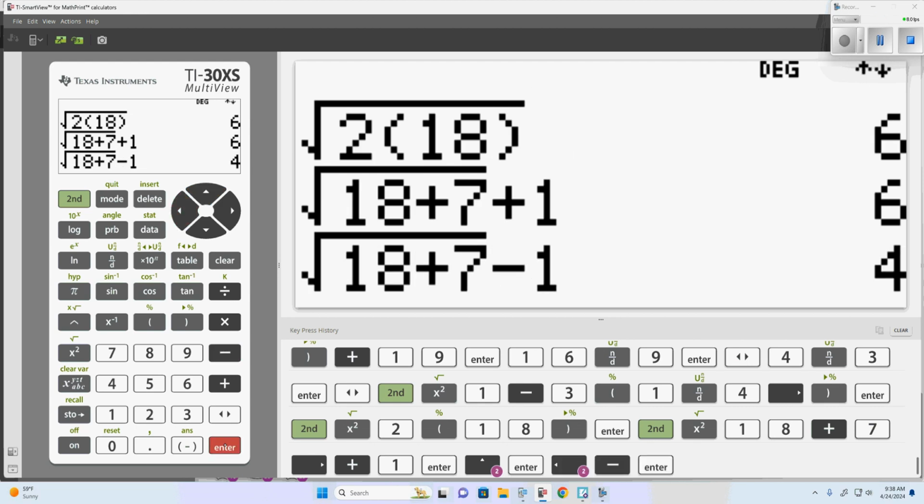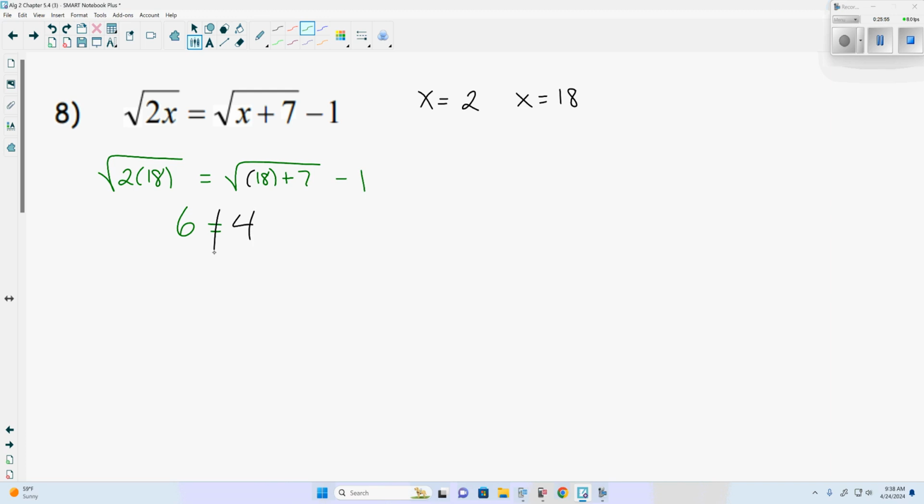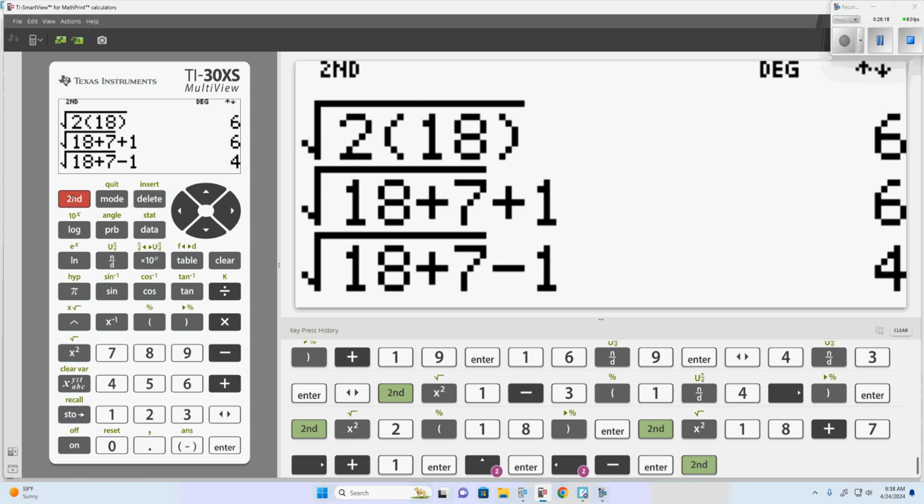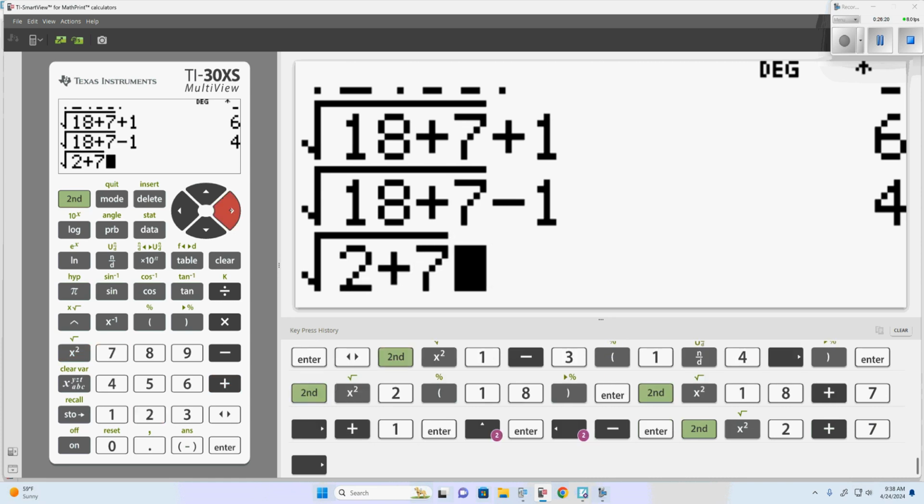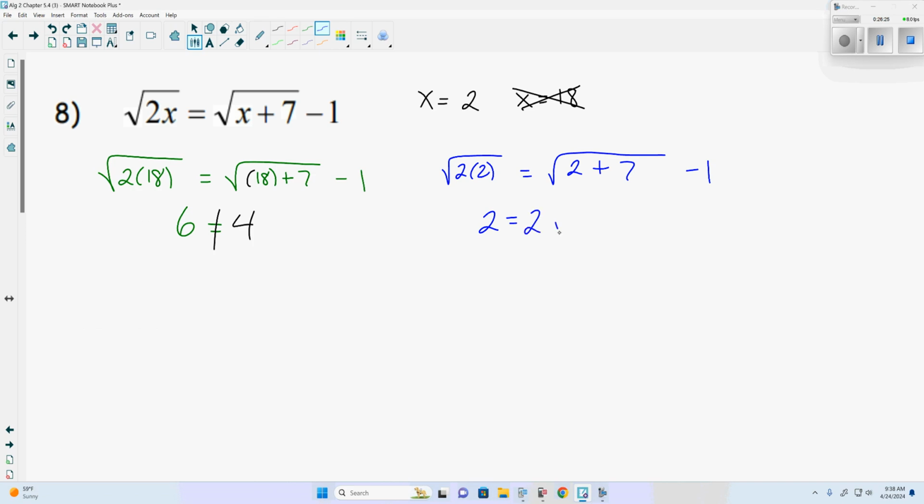It's actually minus 1, which is 18 is not good. Well, let's try the other one. Square root of 2 times 2. Well, square root of 2 times 2 is 2. Second square root of 2 plus 7. So our answer is 2.